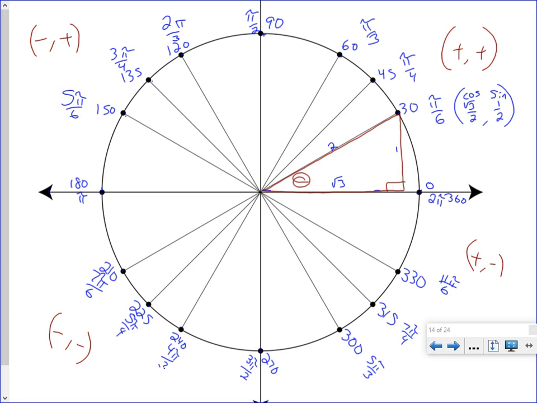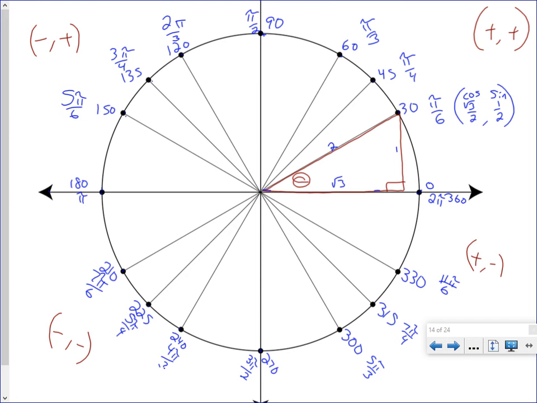All right. Now, if I do that again with the 45, 45, 90, what were the ratios of the sides? What were the ratios of the sides for 45, 45, 90? Yep. 1, 1, and √2. Good. So what's the cosine of 45? 1 over √2, right?